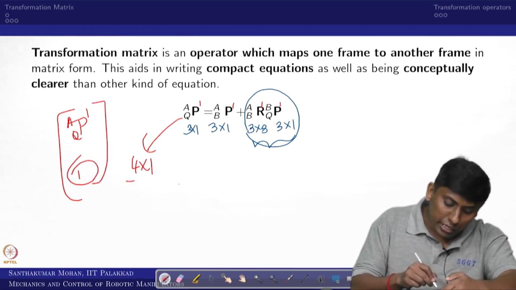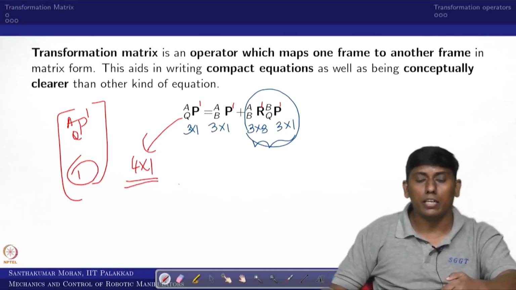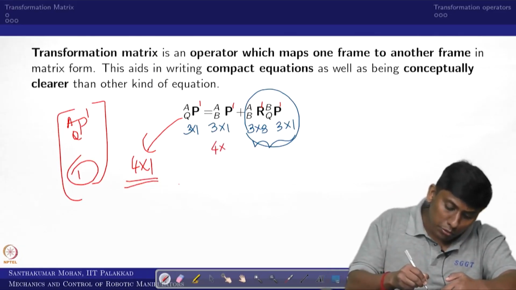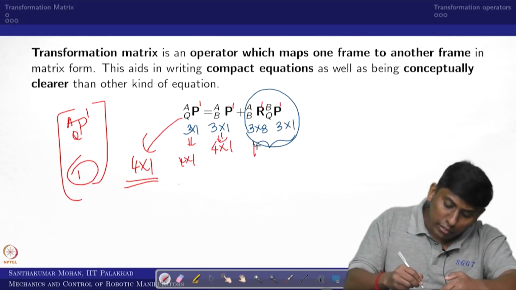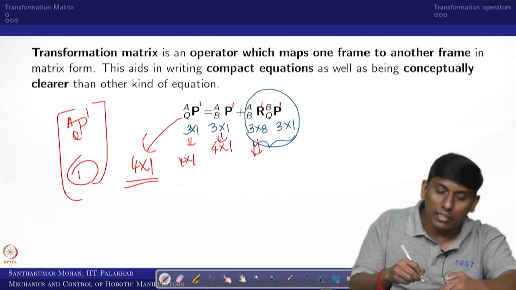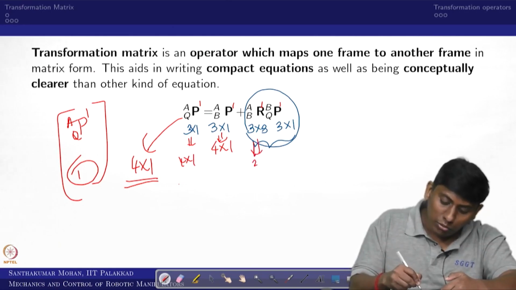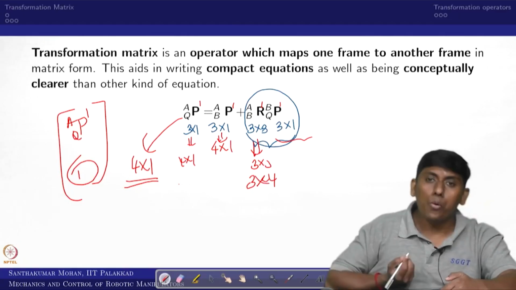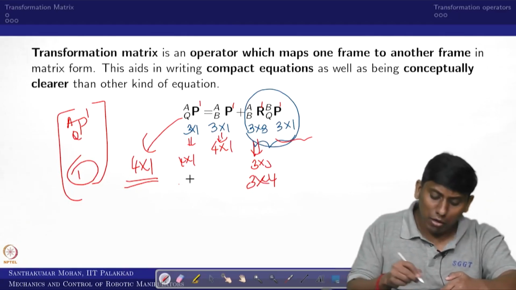So this is also supposed to be 4 cross 1 later on. Then the 3 cross 3 cannot be multiplied, it should be 3 cross 4. So how can I do it? It is very complex, right.